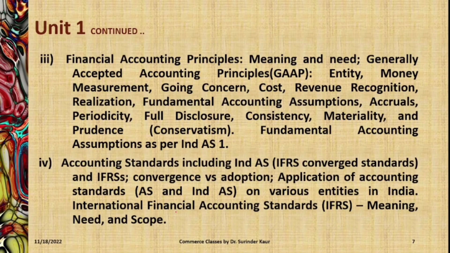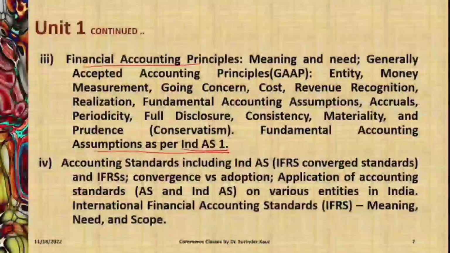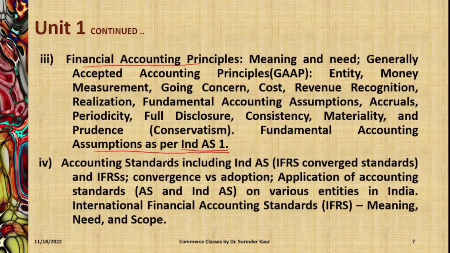Then continuing with this, we will be studying financial accounting principles. You have a given set of generally accepted accounting principles, which includes concepts and conventions. We'll be studying those, and then the basic assumptions as per Ind AS 1. Wherever the standards are relevant, we'll be studying the particular standards too.